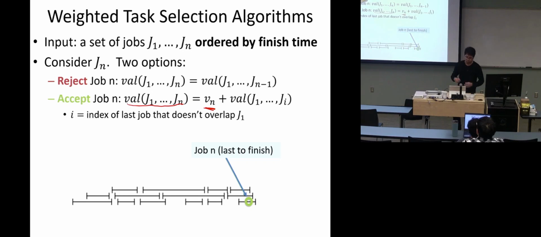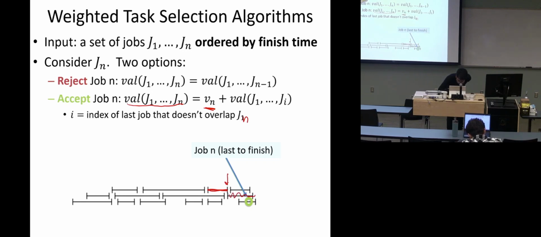And now, how should we recurse? It's very natural to look at the last job. Let's say that i is the last job that doesn't overlap with Jn. Which one is the last job that doesn't overlap with Jn? This one.